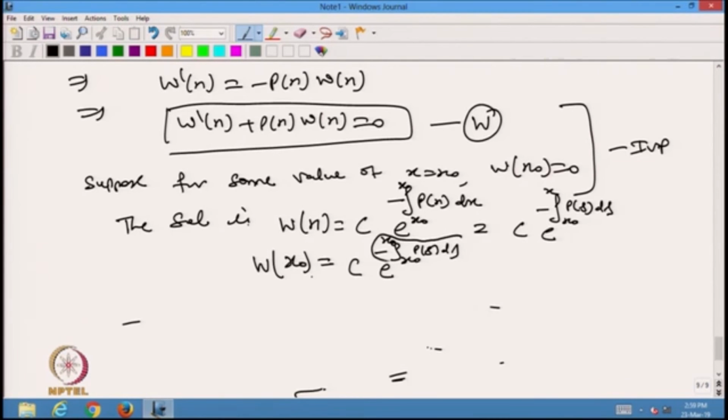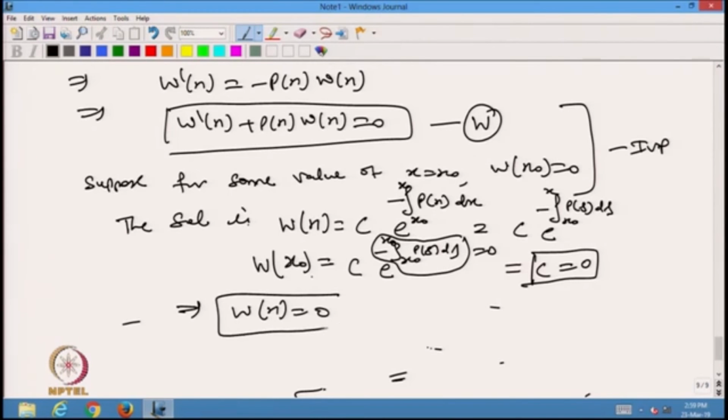This integral has a limit from x naught to x naught, so this integral is 0. So from here I get the value equal to c, but it is given that the Wronskian is equal to 0, so that implies that c is 0. So if c is 0, from here I can say that my Wronskian is always 0 for all values of x belonging to the interval a b.